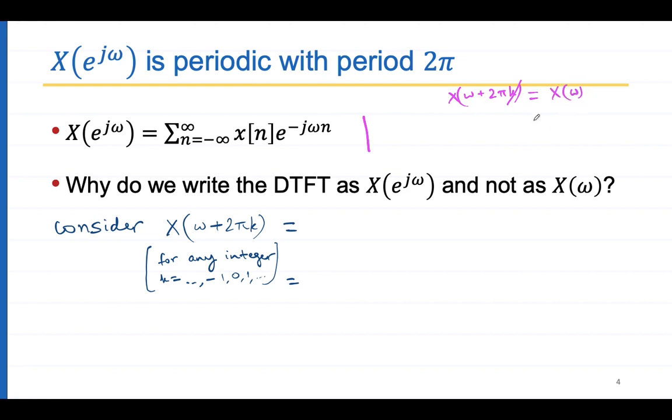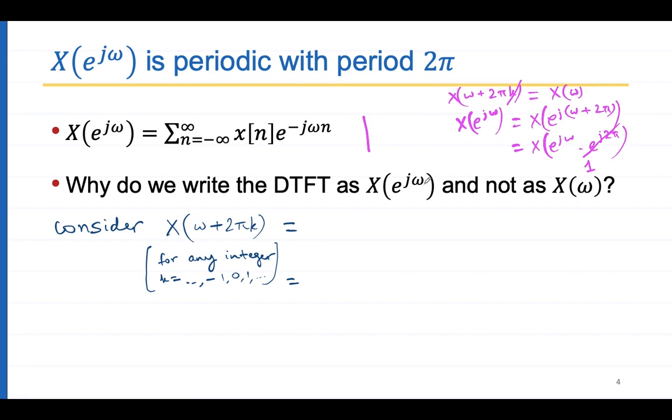And to encode this property, or to make it very explicitly visible, I just write it as X(e^{jω}), because I know that if I write X(e^{j(ω+2π)}), then this is naturally equal to X(e^{jω}) times e^{j2π}, and as you know, e^{j2π} is 1, right? So it is equal to X(e^{jω}). So basically both are the same.